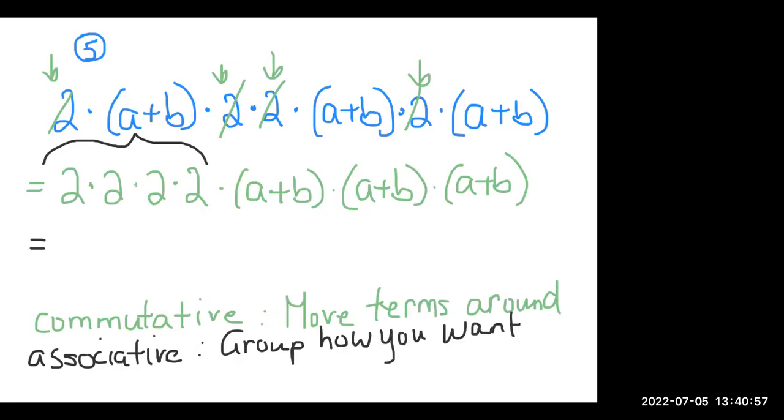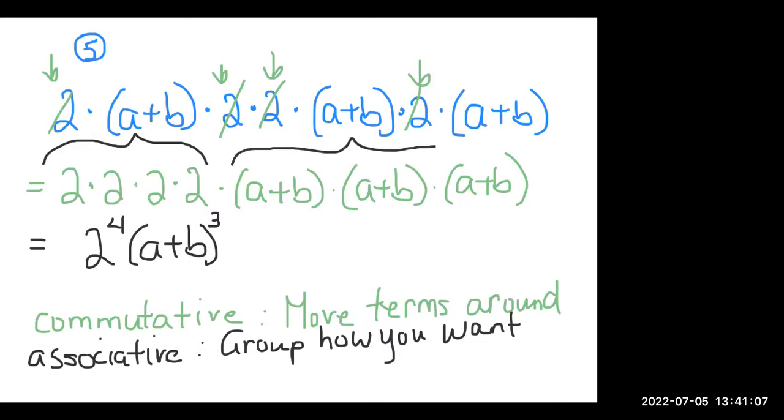And so you might have just done that already in your head mentally without thinking, oh, I'm using the associative property now. Because then these got grouped. There's 4 of these. There's 3 of them. So it's 2 to the 4th times A plus B to the 3rd. Or you could put the dot in there. Or you could find what 2 to the 4th equals.